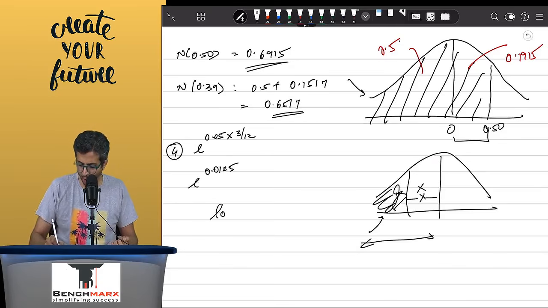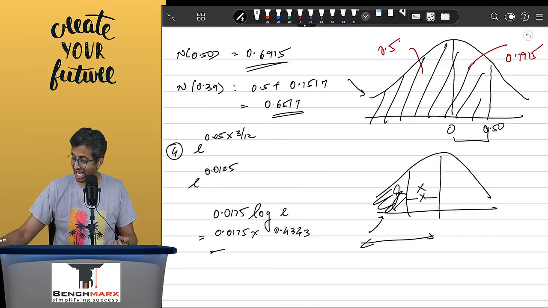So over here, log of e raised to 0.0125. Anything a raised to b becomes b log a. So this is 0.0125 into log e, which we know is 0.4343. So 0.0125 into 0.4343, and this is, let us say, 0.00543.